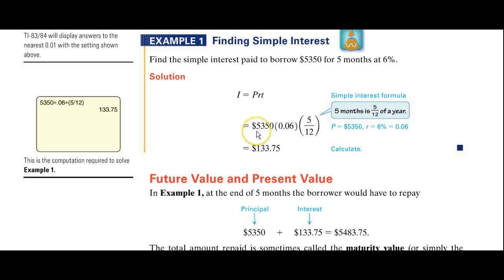So your principal is this, times your interest rate, and we've converted 5 months into the fraction 5/12. So you put this into your calculator, hit the enter button, and your interest is $133.75.